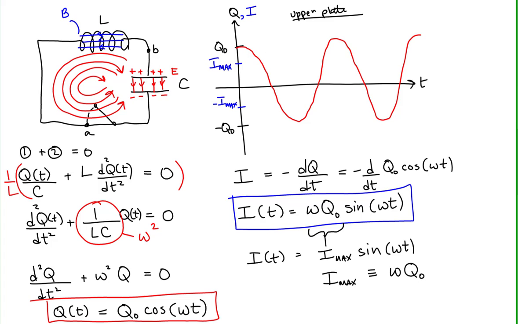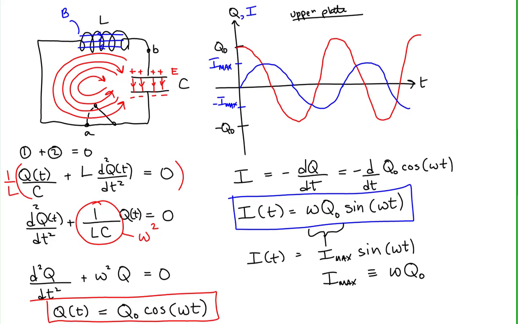So notice how the charge varies as cosine, while the current varies as sine. So notice how they are out of phase by 90 degrees.